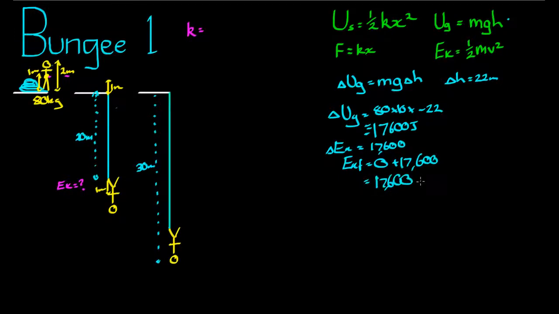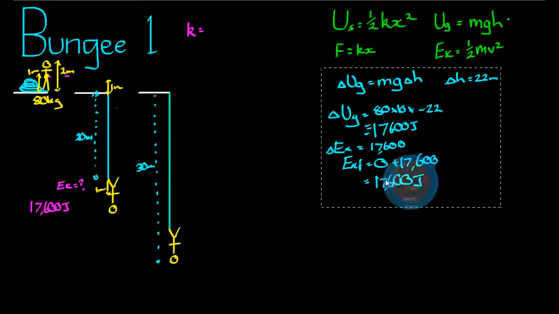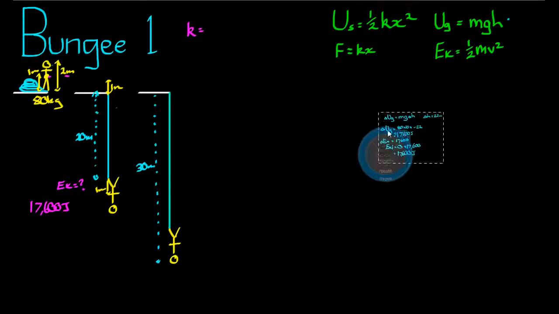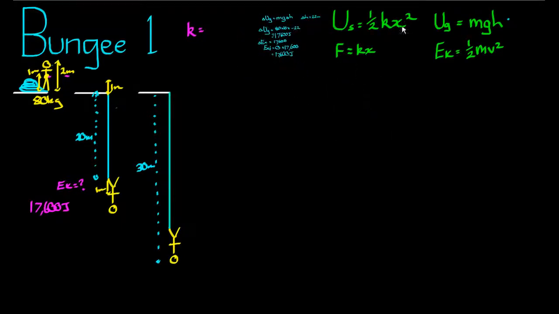That's 17,600 joules worth of kinetic energy. So kinetic energy at that point, 17,600 joules. I'll shrink this down to give us room for our next operation, finding k.